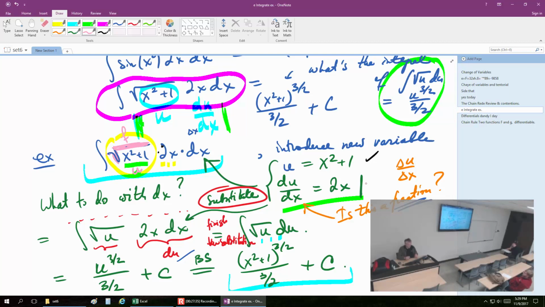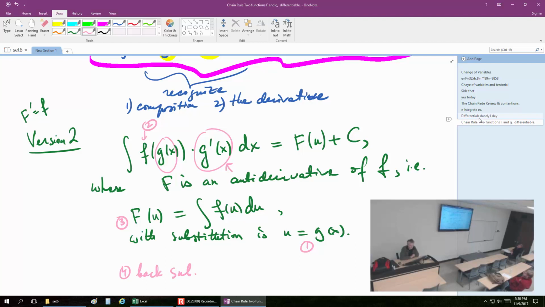We found its derivative right here, and when we carried out all the substitution properly, we ended up with this over here, the integral with respect to u. Integral of this is integral f(u) du. That function is fairly straightforward if everything else works out.